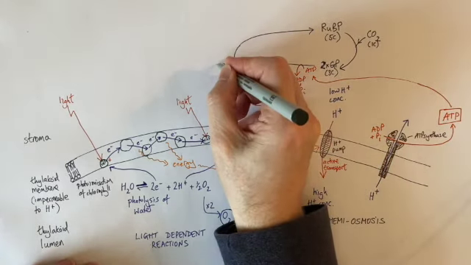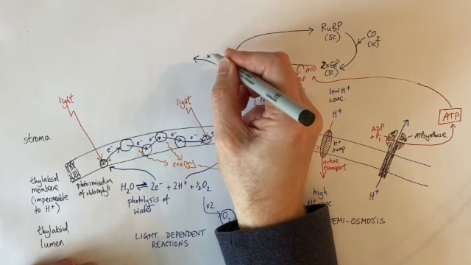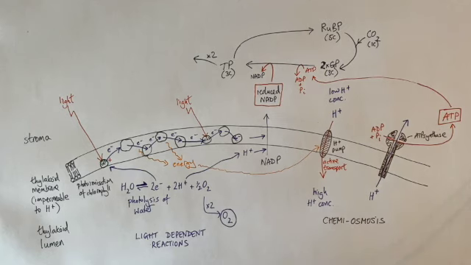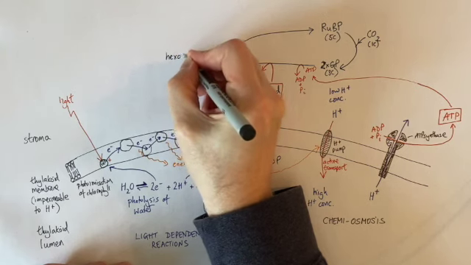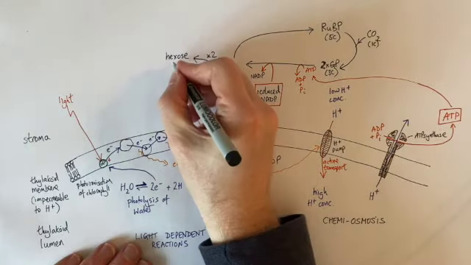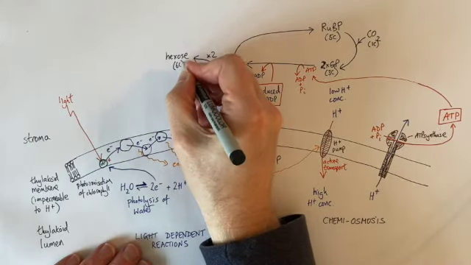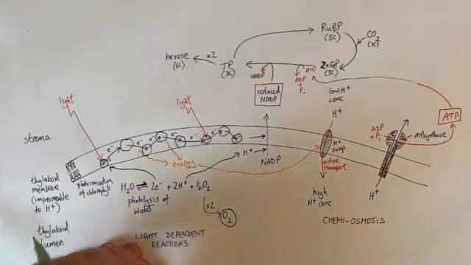But very importantly, if you get 2 TP molecules, then those 2 TP molecules will react together to form hexose. In fact, they form hexose phosphate, and it loses the phosphate group to form hexose. Hexose, of course, is a 6 carbon sugar. And that is the basis of so many other molecules for plants.